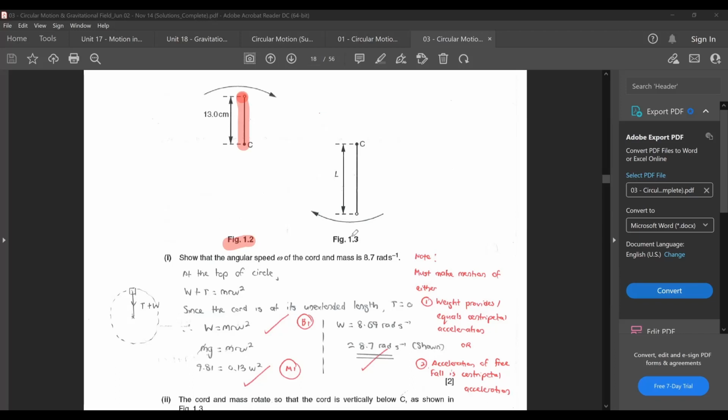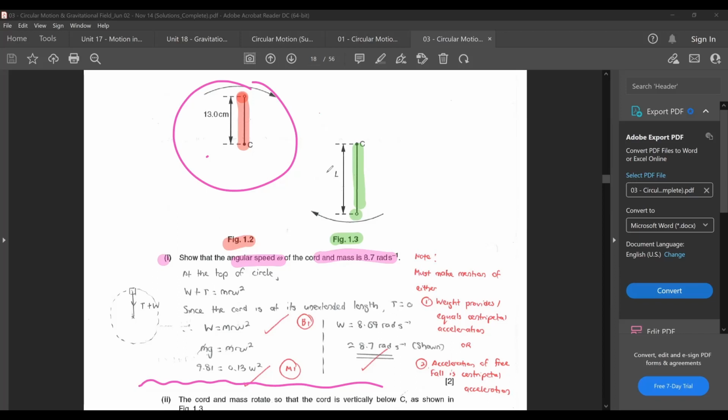Figure 1.3 is showing you the cord vertical, but the mass is at the bottom. Now, part 1: show that the angular speed omega of the cord and the mass is 8.7 radians per second. Up to this point, they've only been describing this diagram, where the cord is vertical and the mass is above the center of the circle, right? So it's better to analyze from this part only. All right.